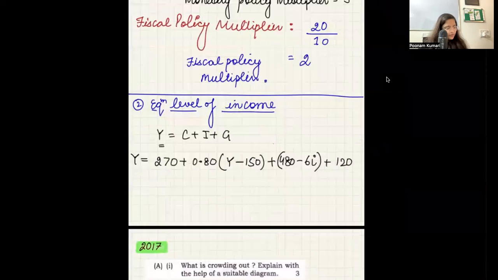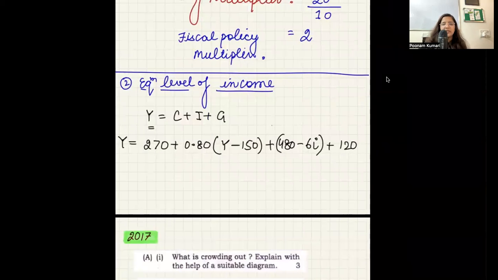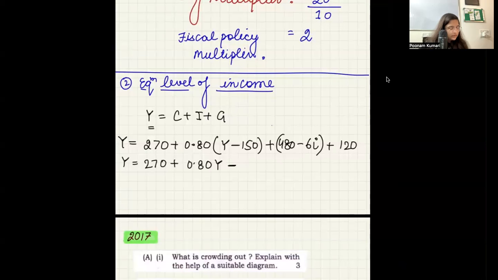Okay, fine. So this will give you basically the IS equation. So y equals 270 plus 0.80y minus, so 0.8 is basically 4 by 5. And 4 by 5 of 150 gives 30, 4 times 30, 120.